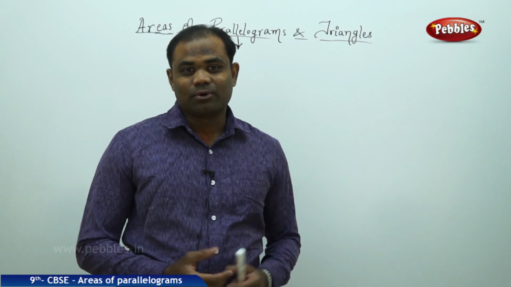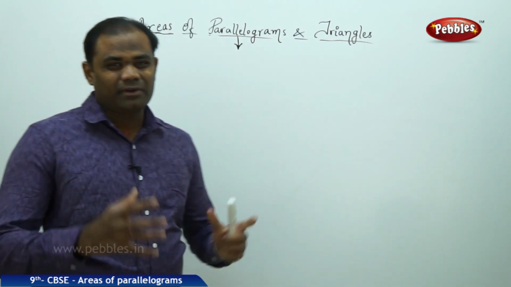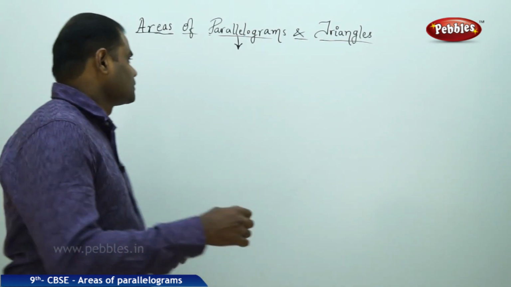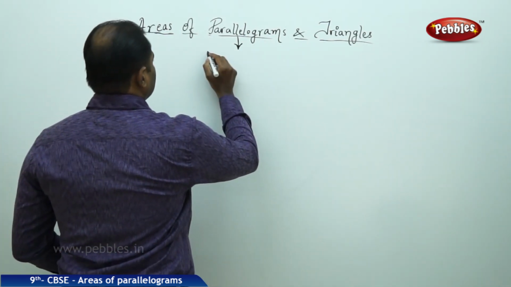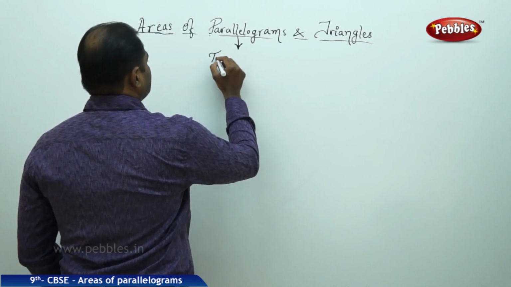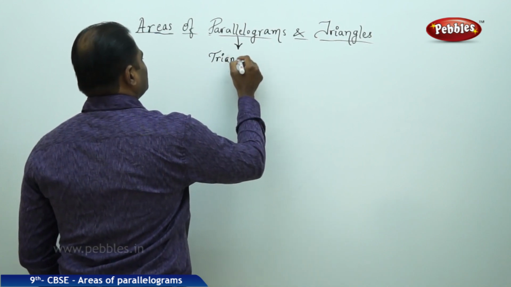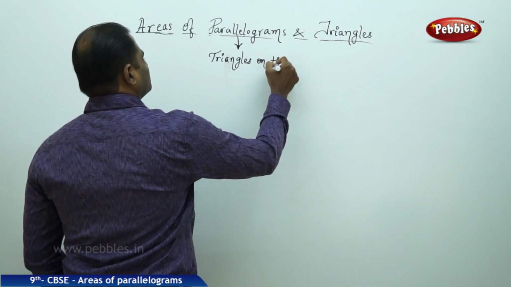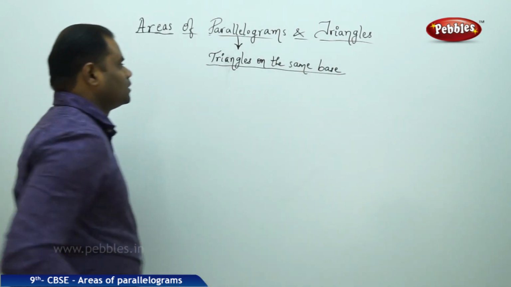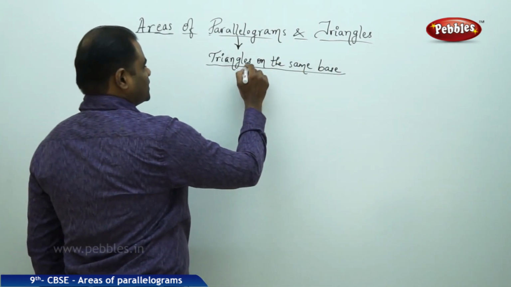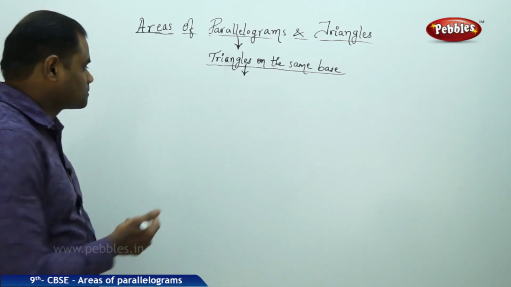Let's investigate the property for triangles. Before we do that, let's understand the triangles which lie on the same base. Let's try to just recap with what we have learned. Triangles on the same base. So here, let me try to understand how the triangles look between the same base and between same parallels.